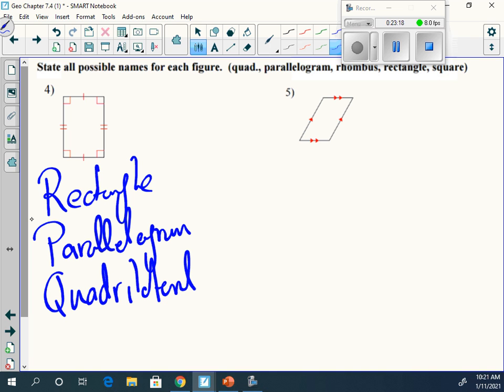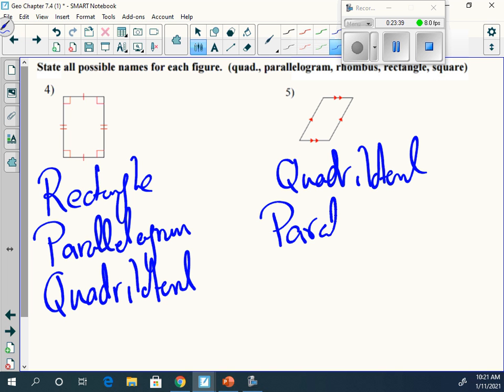Any questions on any of this here? Okay. So let's look at this here, number 5. What can we say about this one here? What can we name it? It is a quadrilateral because it has 4 sides. It is a parallelogram.